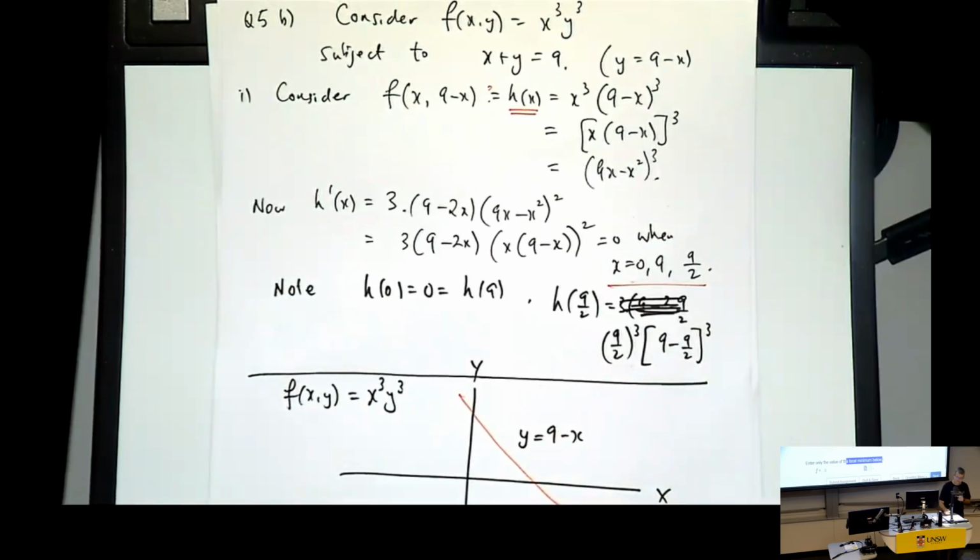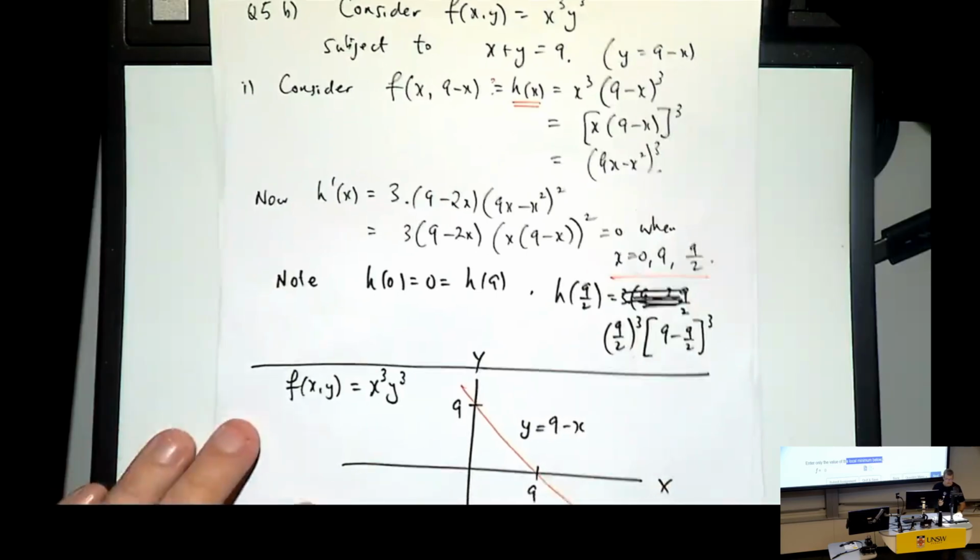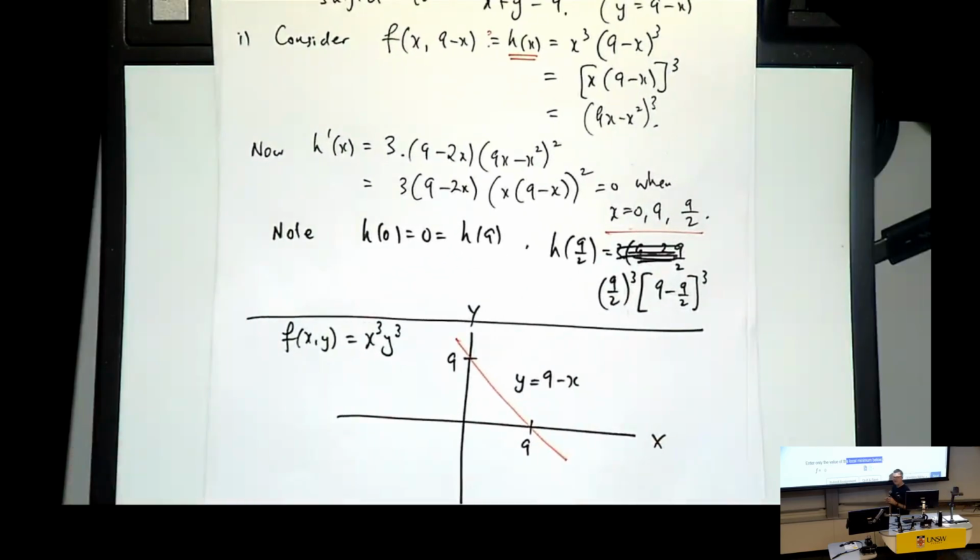When x equals 0, y equals 9. When y equals 0, x equals 9. So you've got a nice friendly graph there.